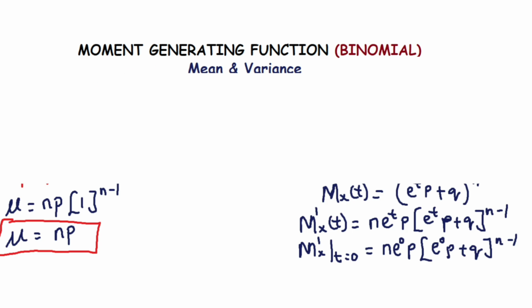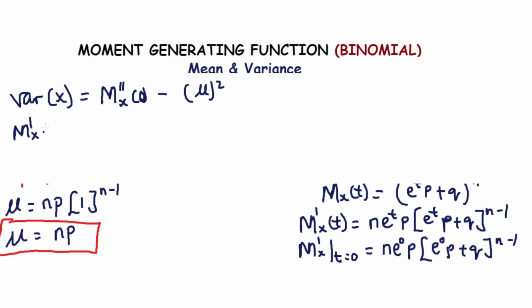Now remember that the variance using MGF is the second derivative with t taken to be 0 as well, from which we subtract the mean we've gotten squared. We already have the first derivative with respect to t to be equal to n e^t p times (e^t p plus q) raised to the power of n minus 1.